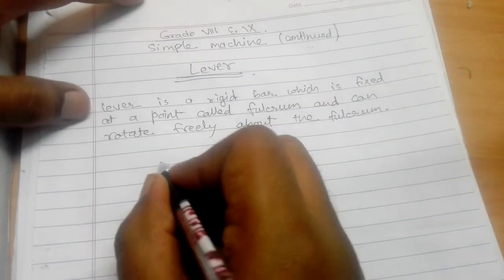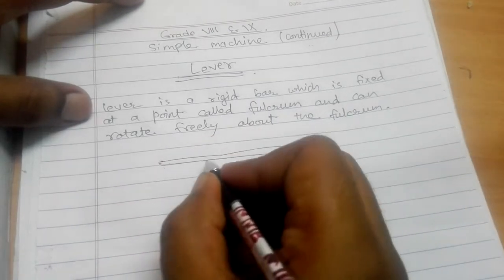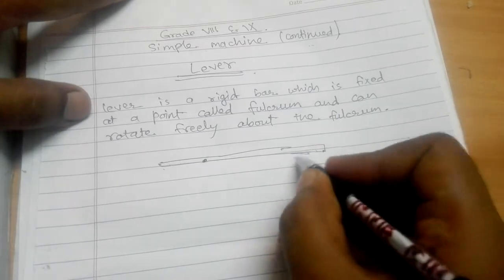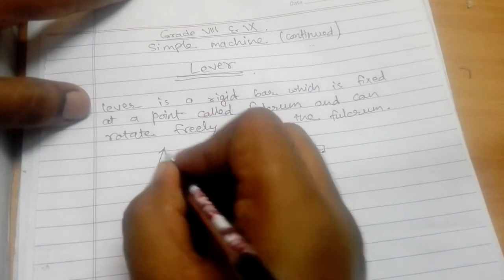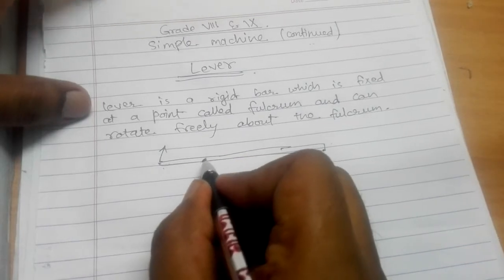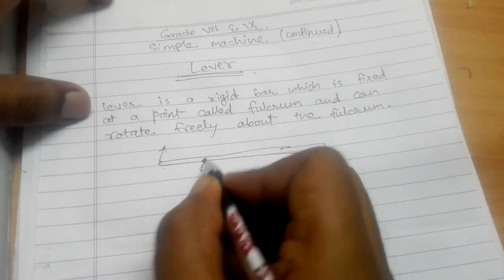So if any structure can be rotated by keeping it fixed at some point, then it is a lever. Suppose this is the point where it is fixed, this is fulcrum.